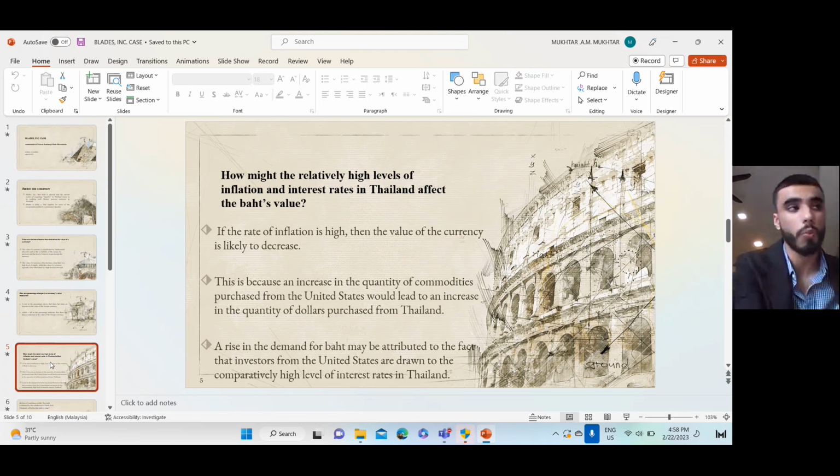So I can purchase more products, or for example bring in more labor workers that are very cheap, because of the inflation that's happening in the country. This is because an increase in the quantity of commodities purchased from the United States would lead to an increase in the quantity of dollars purchased from Thailand.